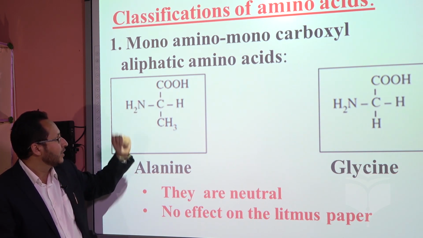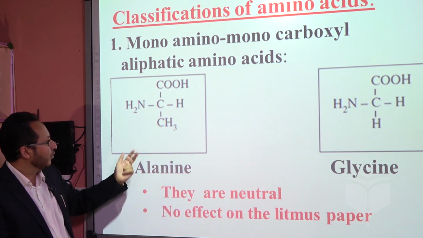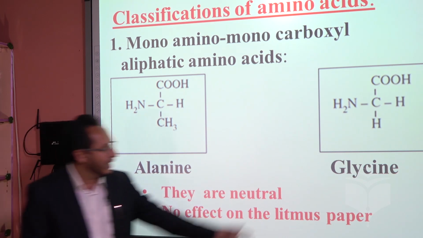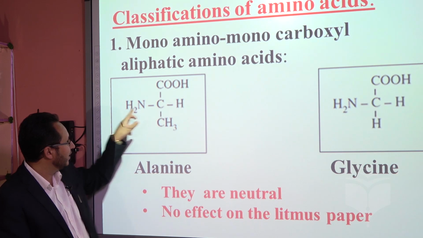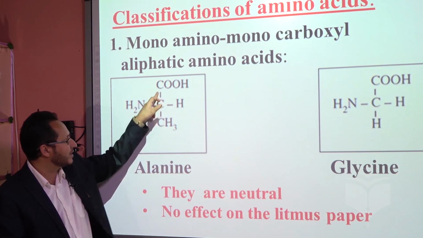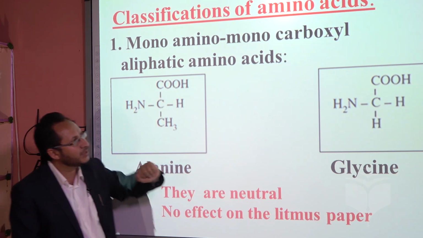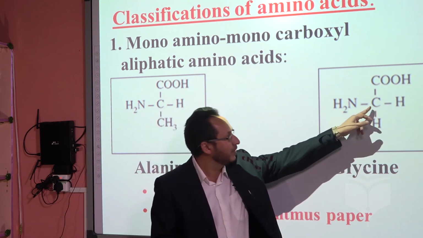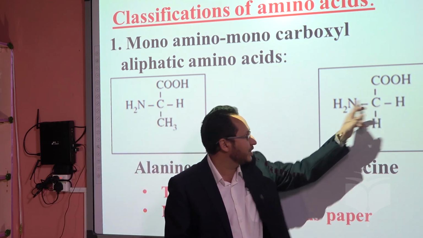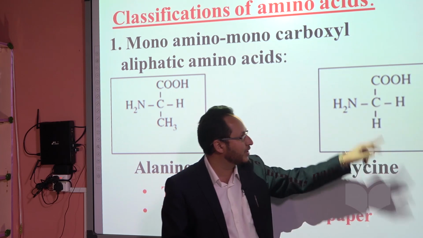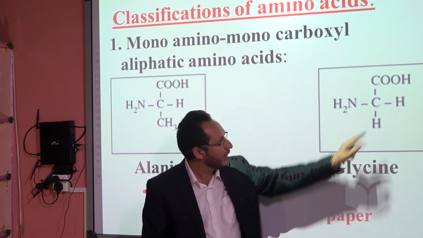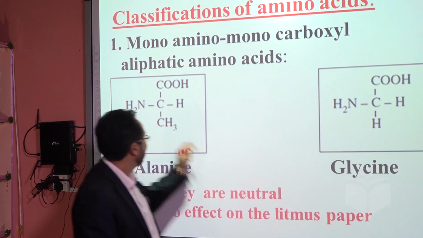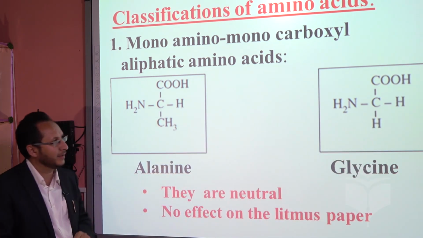We have 2 types of them: alanine and glycine. They have the same formula, CHNH2 COOH. If the R is hydrogen, we call it glycine. If you change this H to CH3, we call it alanine.